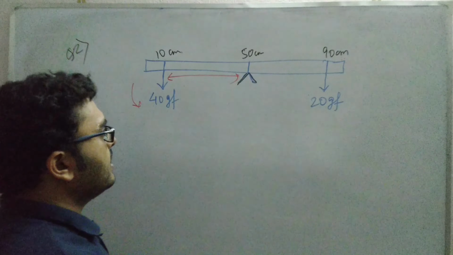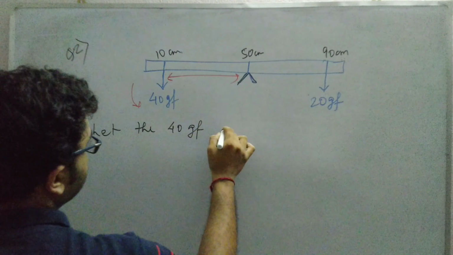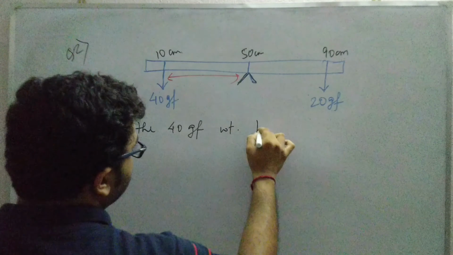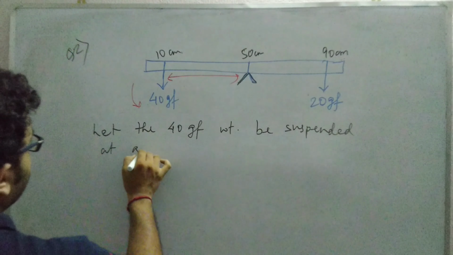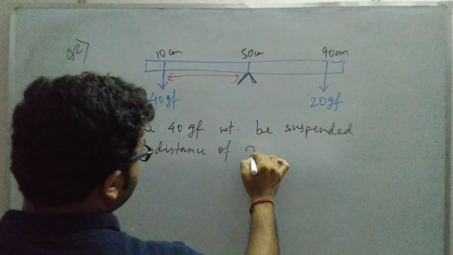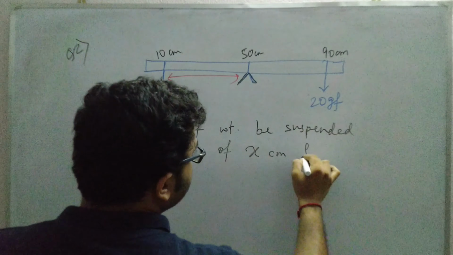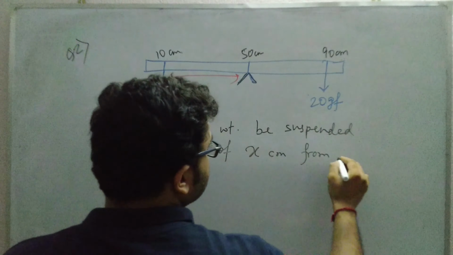Let the 40 GF weight be suspended at a distance of x centimeter from the pivot on the right.